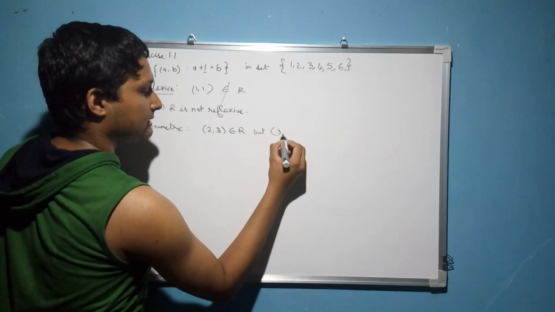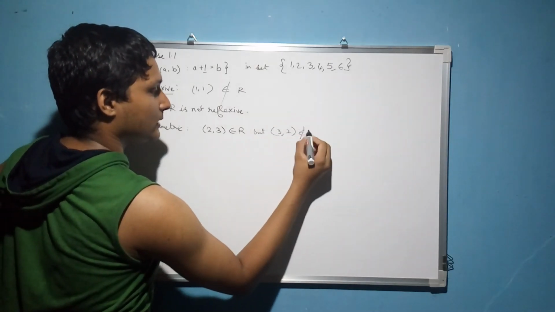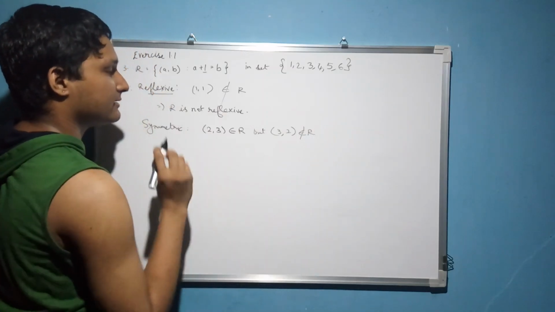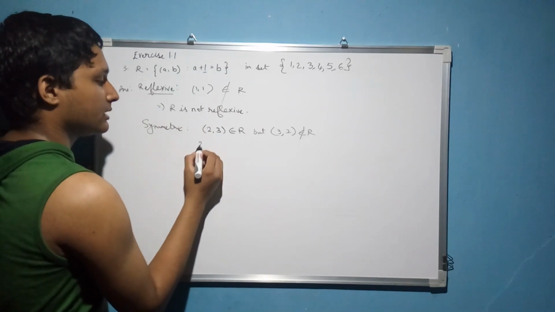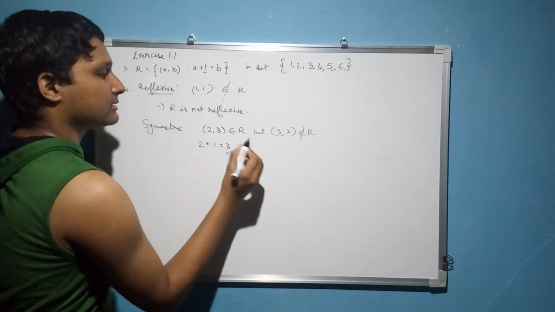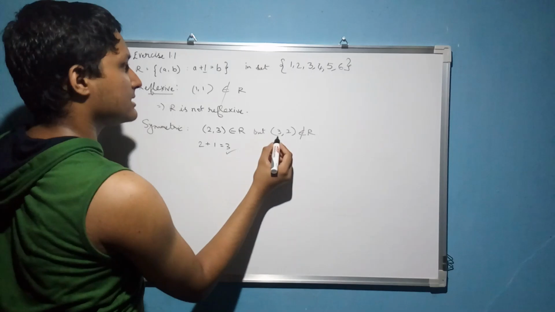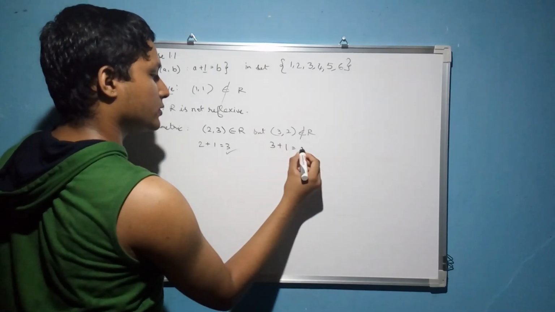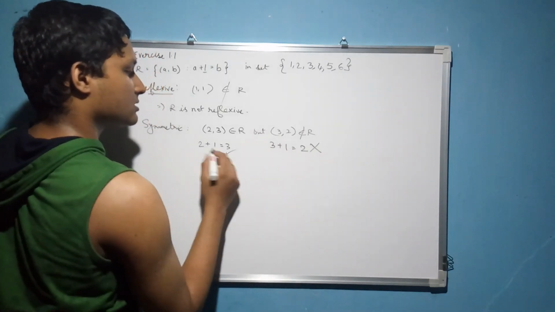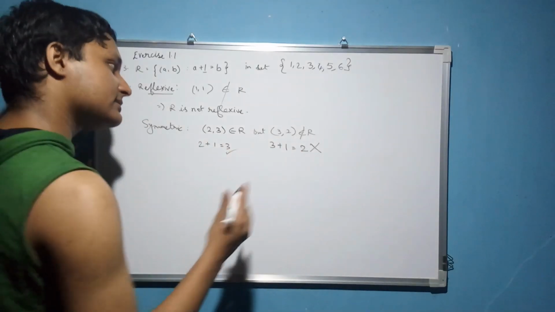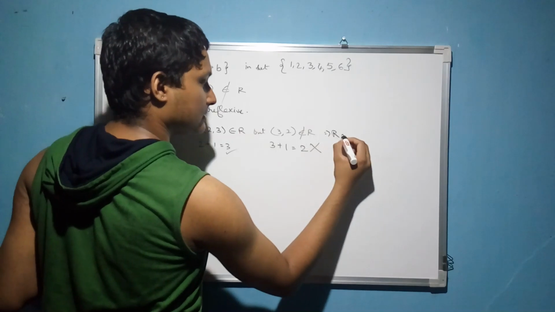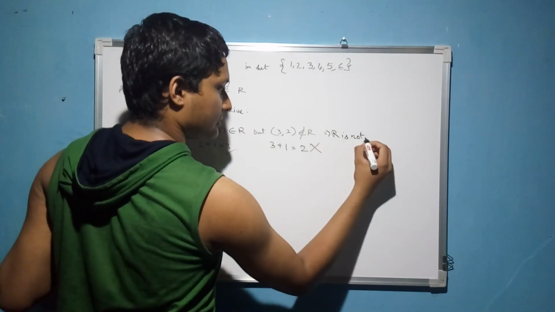So (3, 2) does not belong to R. Let me check that once again. In this case, a plus 1 is equal to b. 2 plus 1 is equal to 3. Correct. In this case, a is 3. So 3 plus 1 is equal to 2. This is wrong. So by seeing this example, you can see that R is not symmetric.